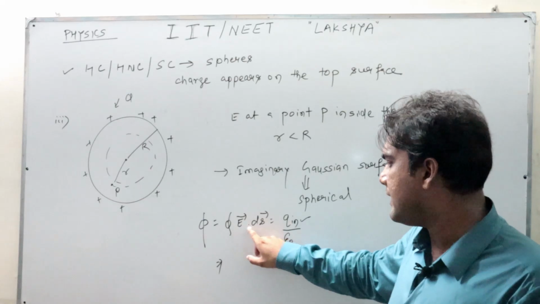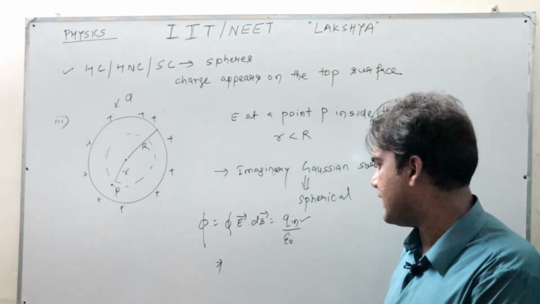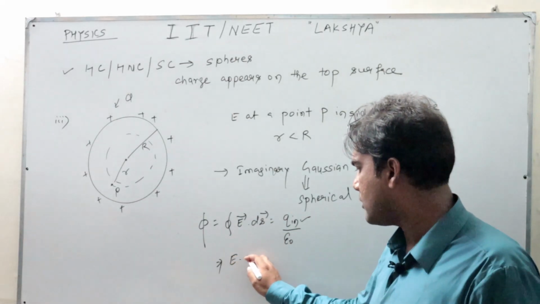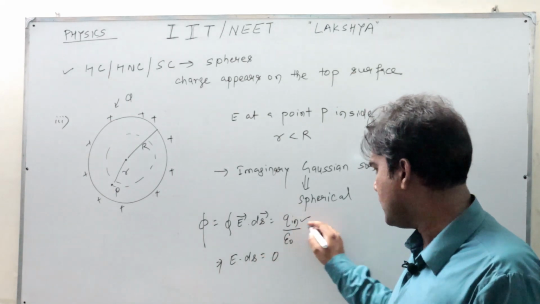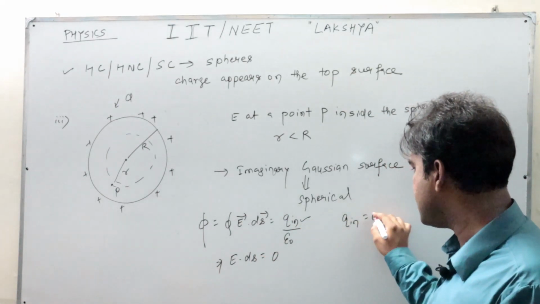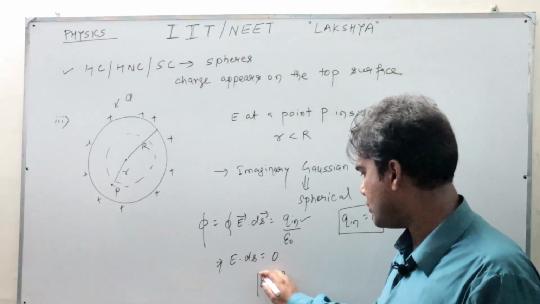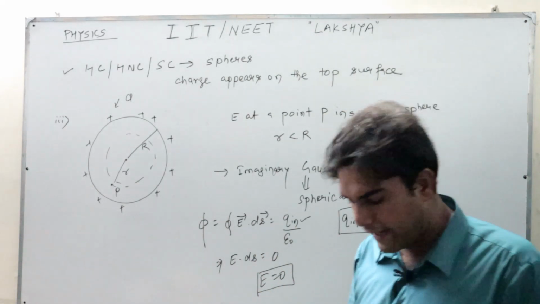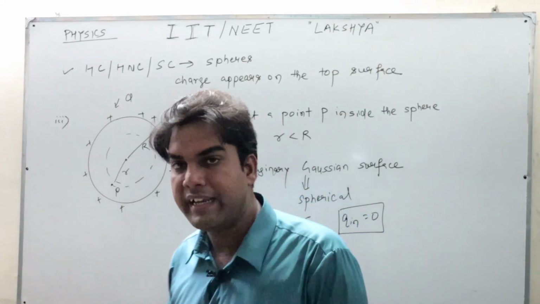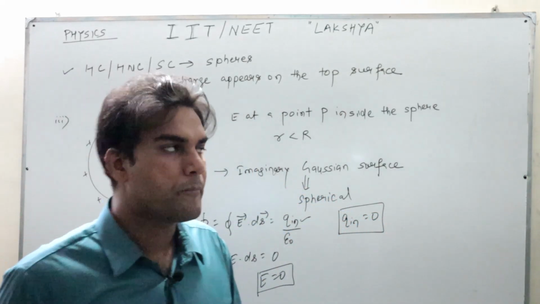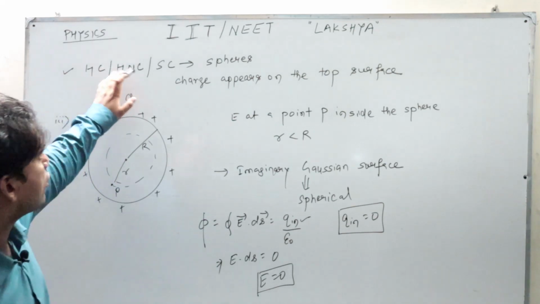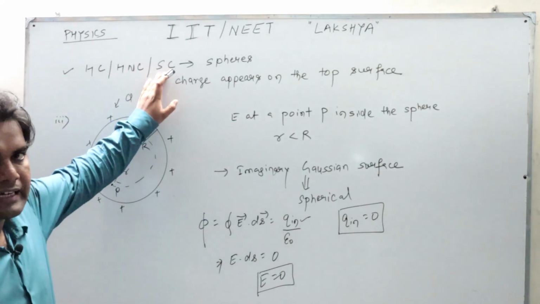It means ds cannot be 0, so E obviously has to be 0, because E dot ds became 0 since q in is 0. So the electric field E became 0. So the electric field at any point inside this hollow conducting, hollow non-conducting or solid conducting sphere is 0.